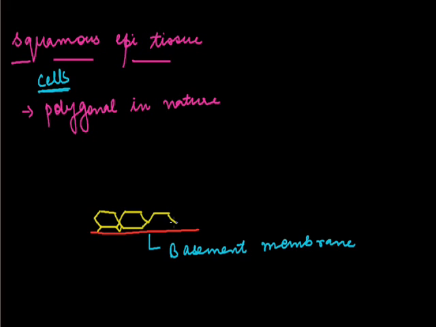They're arranged like this. This is the nucleus of the cell, and this is the cytoplasmic portion, the cytoplasm.